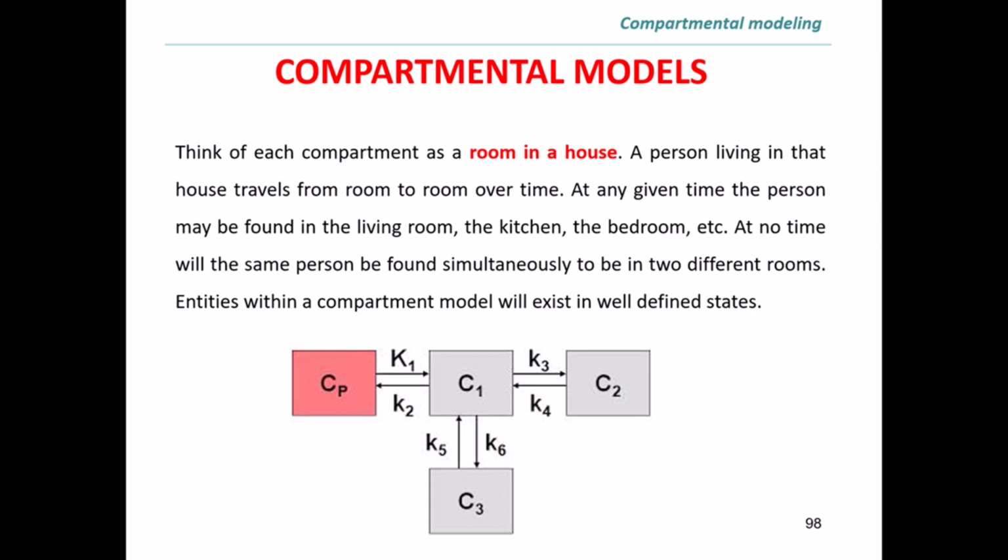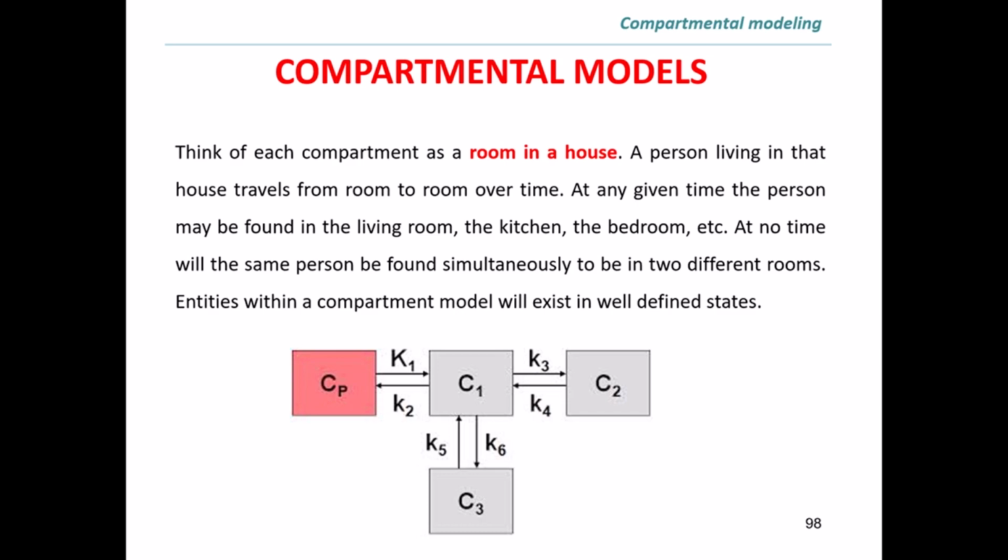When we refer to a compartmental model, we can associate it to several rooms inside a house. If we have a person living in that house who travels from room to room, at any given time this person may be found, for example, in the living room, in the kitchen, or in the bedroom. At no time can the same person be found simultaneously in two different rooms.